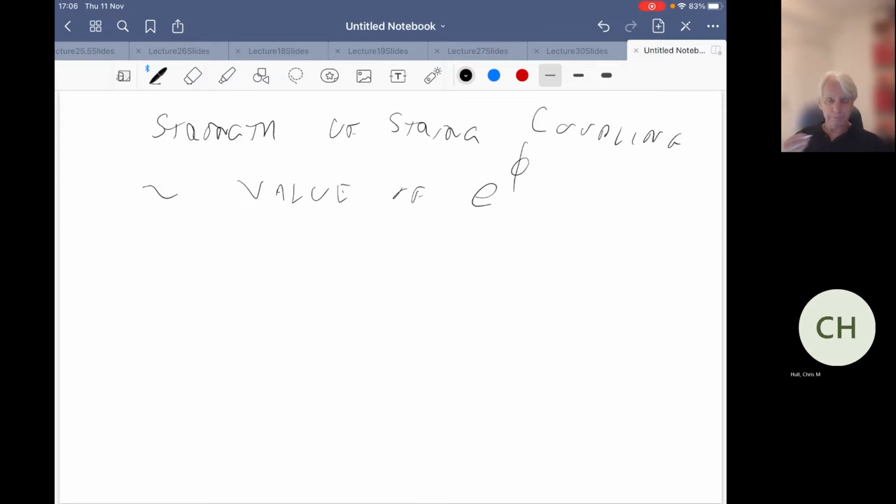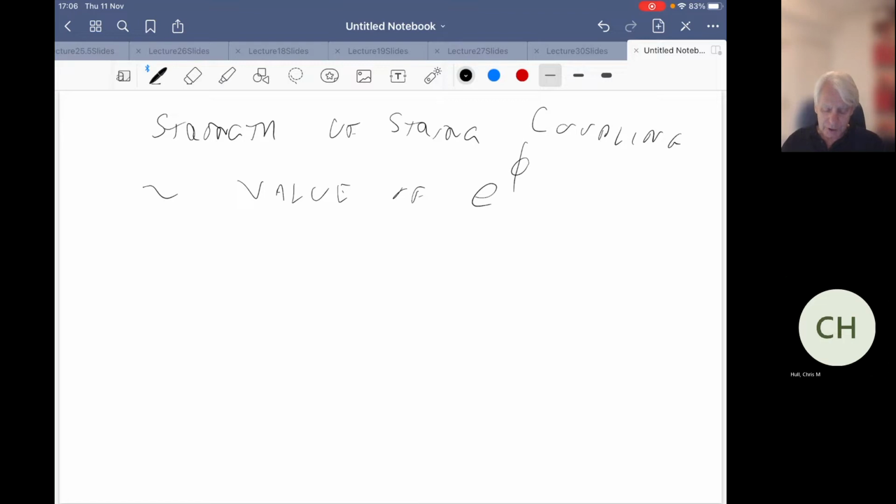So if phi is a constant, or has a well-defined vacuum expectation value in a background, then we can think of the string coupling constant as being given by the expectation value of e to the phi. And more generally, if we have a varying background where the dilaton is weak in some areas and strong in others, we can say that there are some regions of the background in which the string is weakly coupled and others where it's strongly coupled.